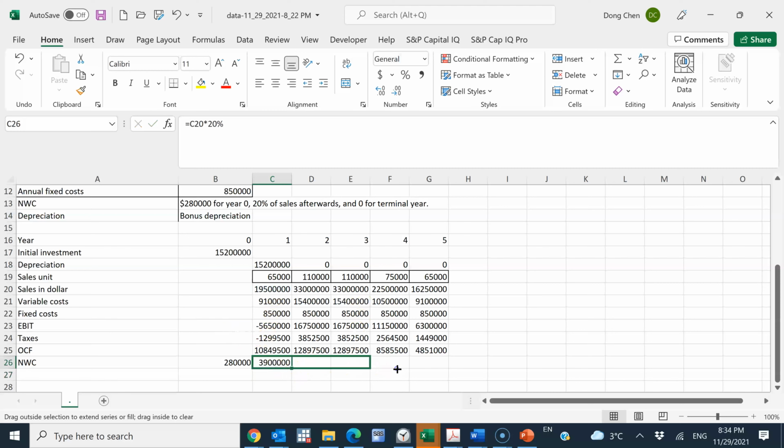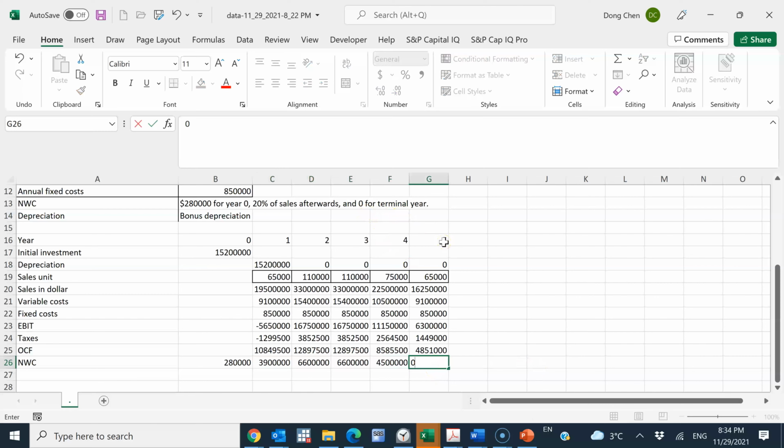Extend that for all these 4 years, except for the final year, because the final year is going to be 0, because all this net working capital will be liquidated in the final year. So the level will become 0. But what we care about is the change, so I still need to do the change. For the starting year, year 0, since there's no prior year, the change is simply the level.